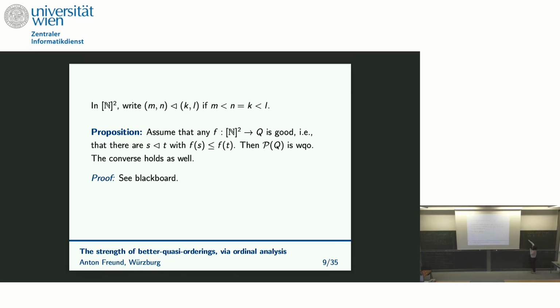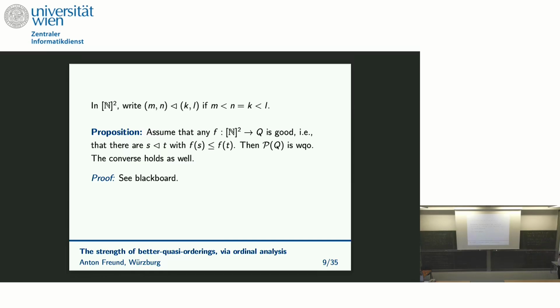So if that was not the case, so if there were i smaller than j, such that xi was bounded by xj, then everything in xi has to be dominated by something in xj, and so in particular, the value f_ij, which lies in xi, would have to be dominated by some y in xj.